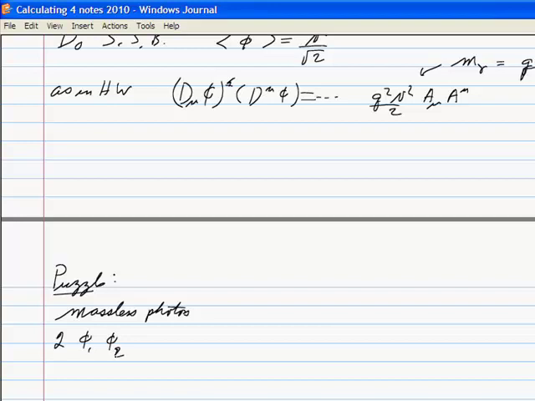Okay, so two fields. And if we just count how many types of states there are here, we know in massless photons there's two polarizations, so we'll call it 2 degrees of freedom. And the two scalars are 2 more degrees of freedom. So there's four things that you quantize here. You've got two polarizations and two scalars.